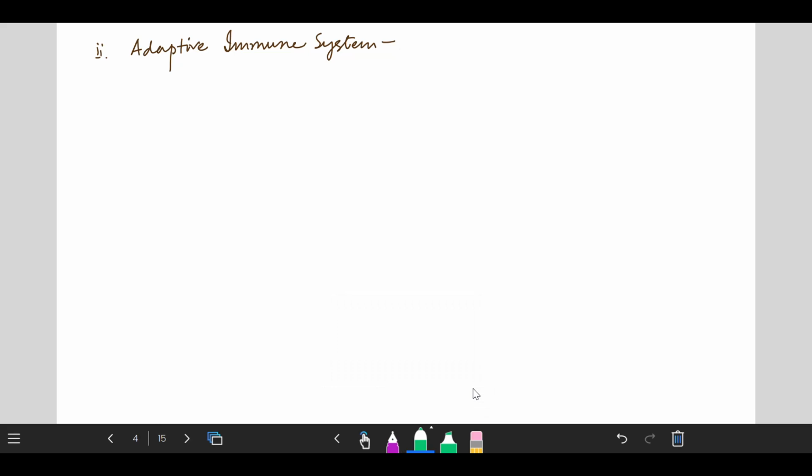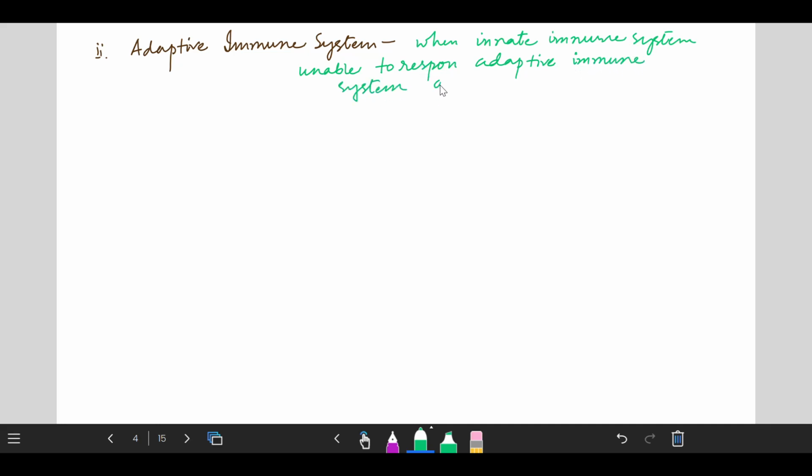But to do that, it first needs to identify the germ or the pathogen, and it can remember the germ, or it has a memory. Because it must identify the germ through recalling the memory, the response is slower than innate immunity. So we can write like when the innate immune system is unable to respond, the adaptive immune system activates its function.